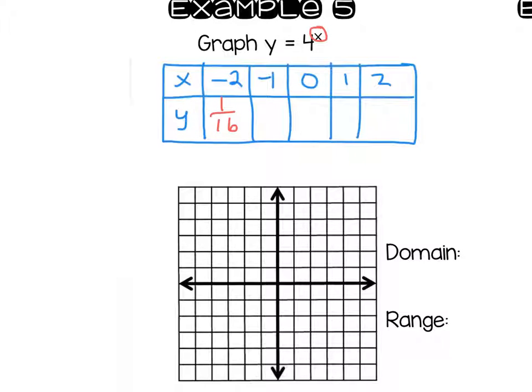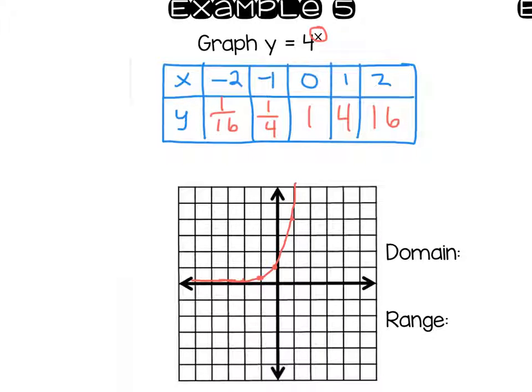And we're going to take 4 to the -1, which gives us 1/4. 4 to the 0 gives us 1, because anything raised to the 0 power is 1. 4 to the first power is just 4, and 4 to the second power is 16. So when we graph those, we get the following. So there are our points, and we can draw the curve. And again, it's growing very rapidly.